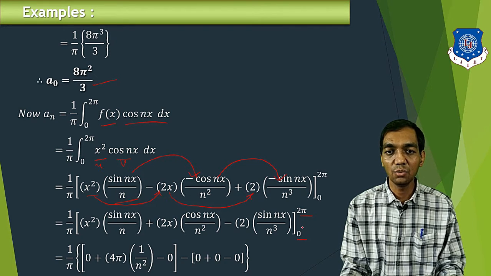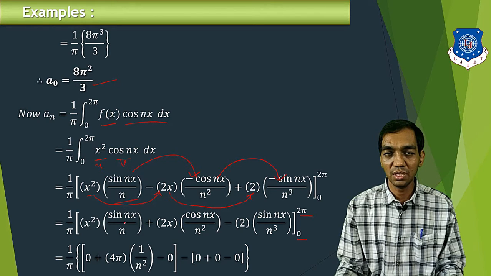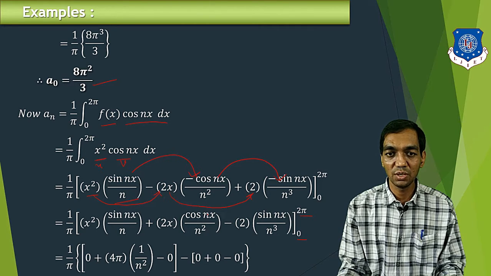Correct? Now first put the limits, and sin 2n pi has a value 0, that we have already discussed in the last lecture, and cos 2n pi has a value 1. So if you substitute 2 pi here, then this term is 0, this term is 0, and this term is going to be 1 upon n square.